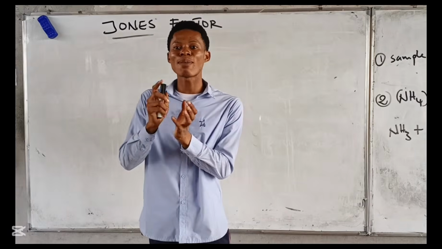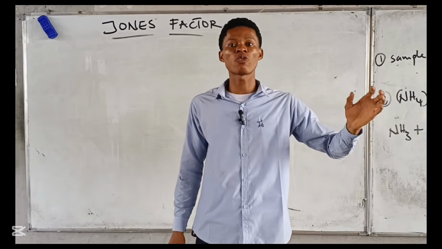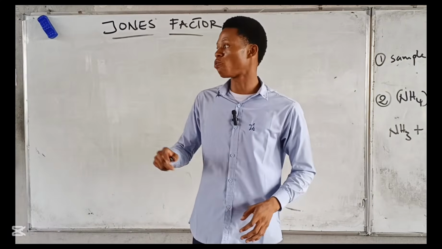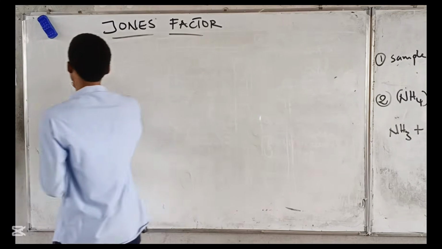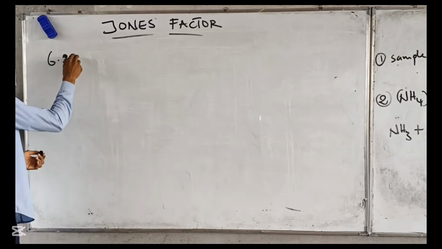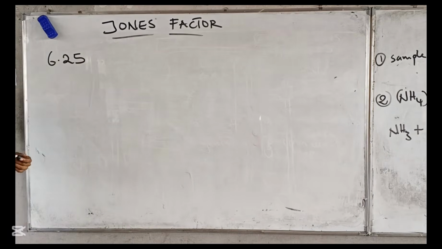So if you've gotten the amount of nitrogen, you can just multiply by a conversion factor and you get the amount of protein. And the conversion factor Jones used then was 6.25.